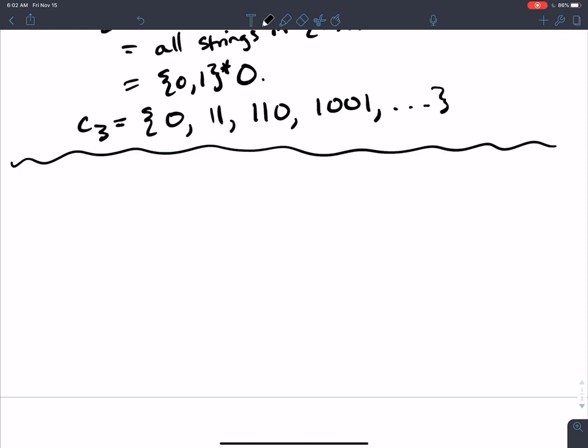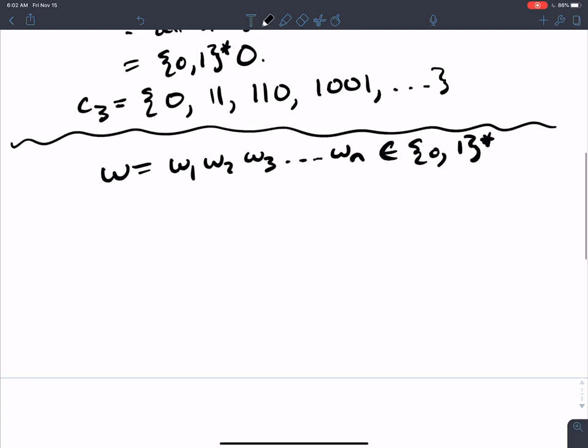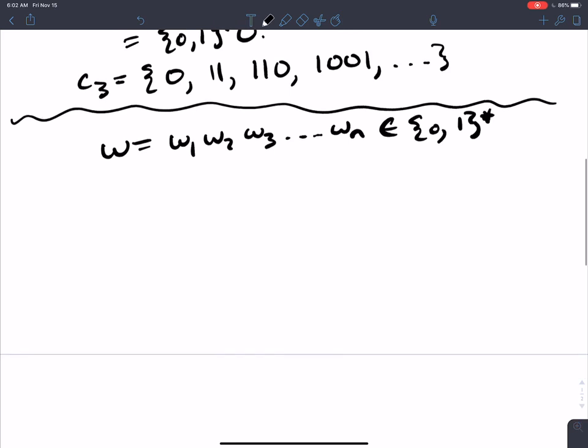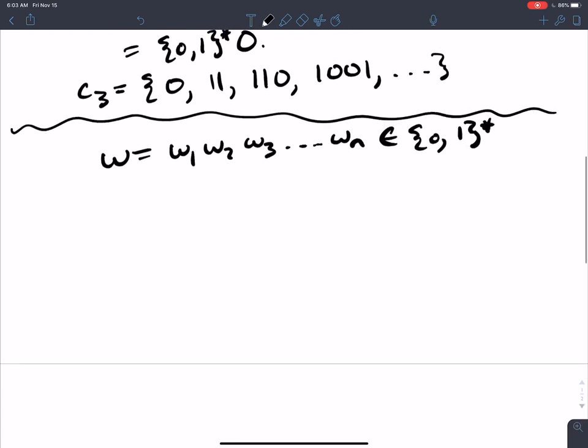If we have a string w, which is w1, w2, w3, up to wn, in {0,1}*, the way that the DFA reads a string is from left to right, one character at a time. And of course the DFA doesn't actually know when the string is finished until it actually finishes.